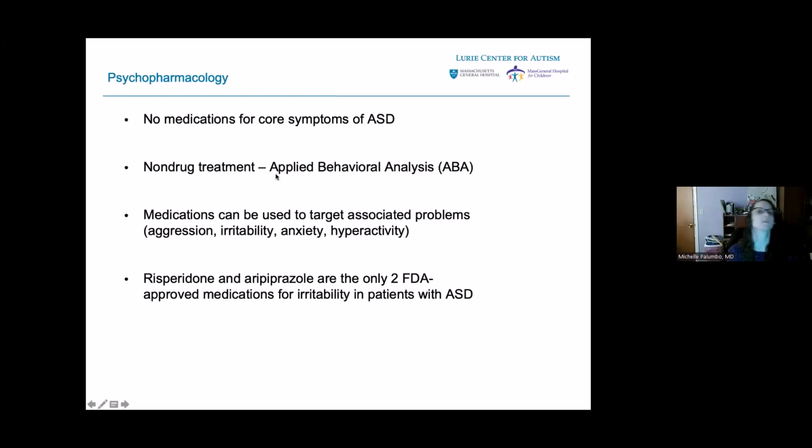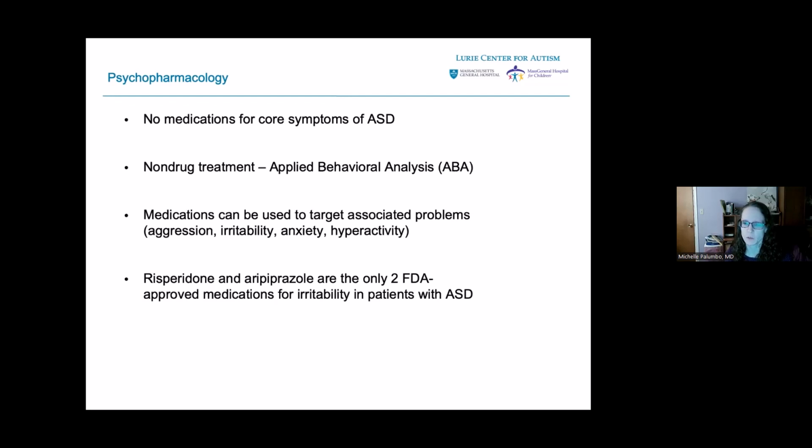All right, so I will take it from here and talk a little bit about treatment and psychopharmacology. As we've talked about before, ABA is typically the mainstay non-drug treatment for behavior challenges in autism and people with Down syndrome. At this time, unfortunately, despite lots of research and effort, we don't really have any medications that affect the core symptoms of autism spectrum disorder.